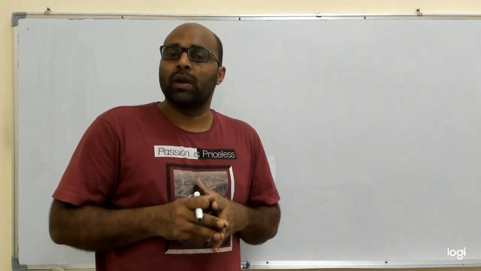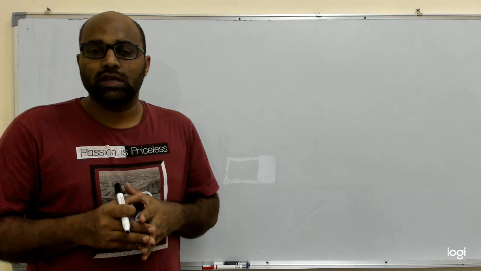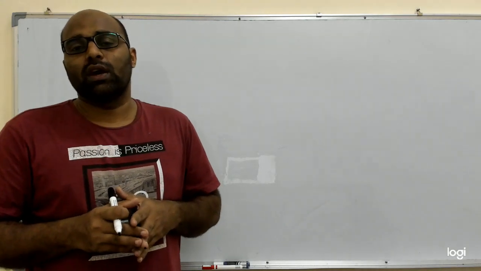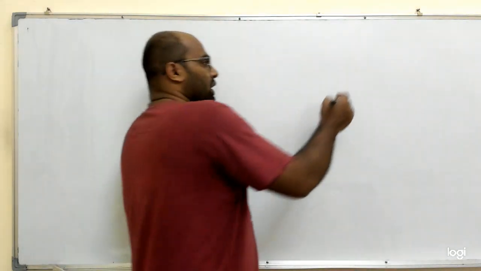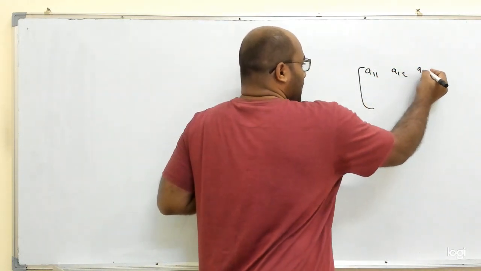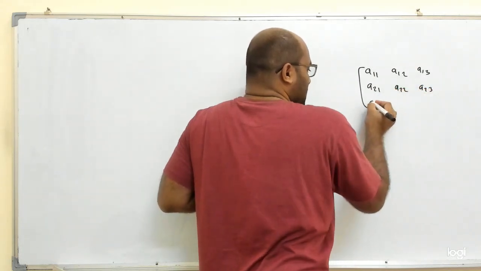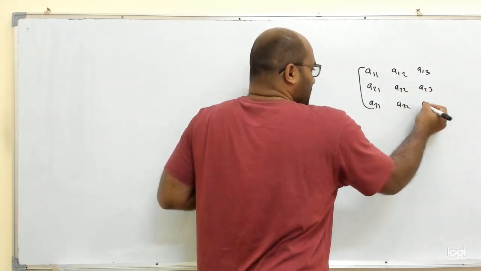Diagonal elements are applicable only for a square matrix. That is, in a square matrix i equal to j, that's what we are calling diagonal elements. For example, suppose order 3: A11, A12, A13, A21, A22, A23, A31, A32, A33.